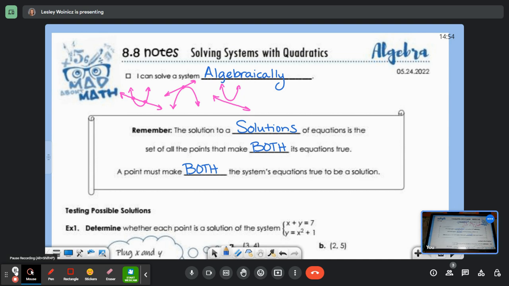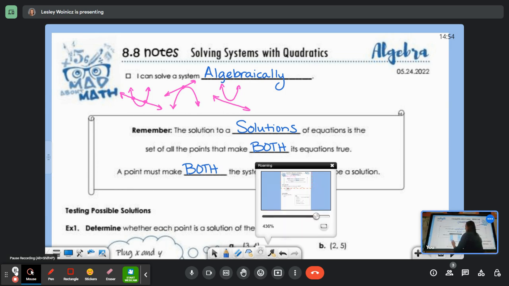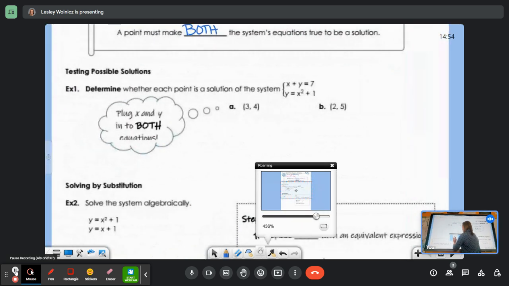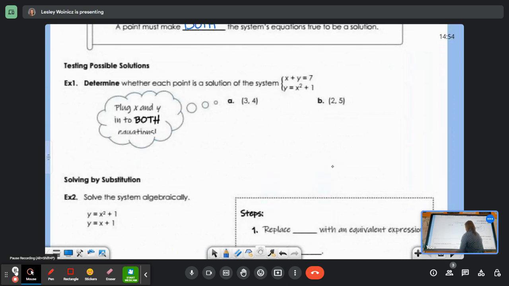Okay, so let's test some solutions. Here we have a fun little system. It's got a linear function and a quadratic function in it. Here I've got a point that has an x and a y coordinate, and I want to know if this is a solution to that system. So I plug it in to equation 1. Does 3 plus 4 give me 7?